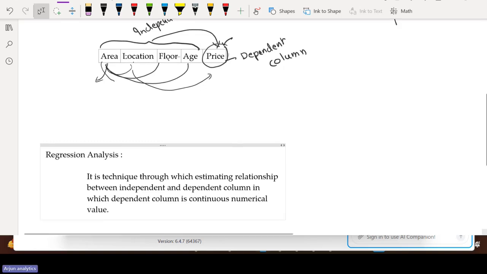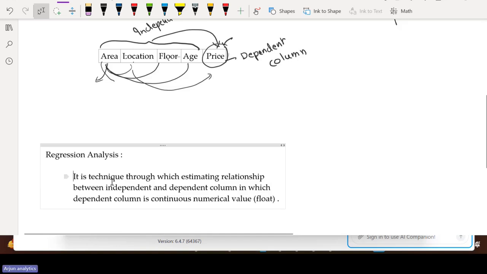Or it is a technique through which estimating relationship between independent and dependent column, in which dependent column is continuous numerical value. This is called regression analysis.